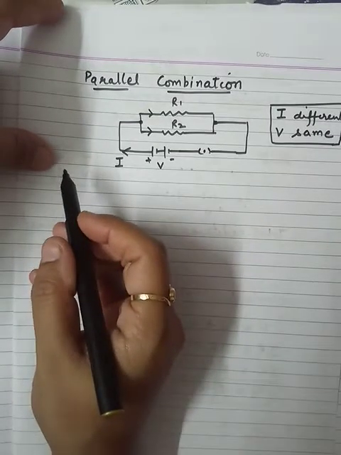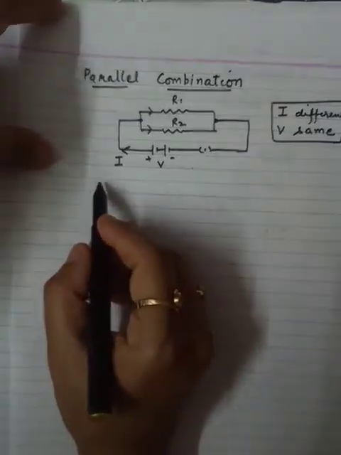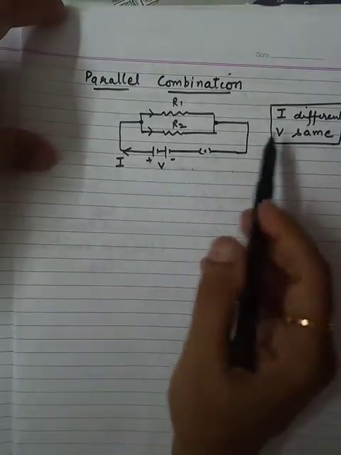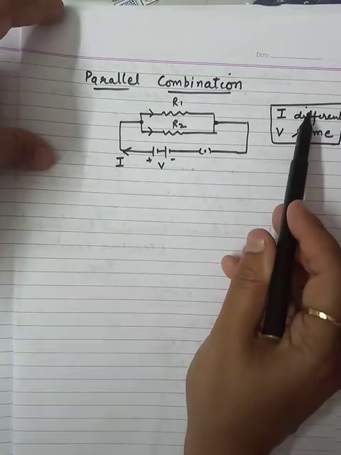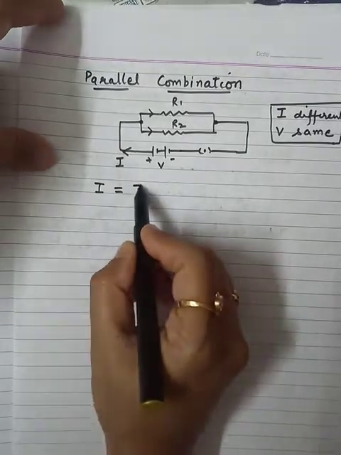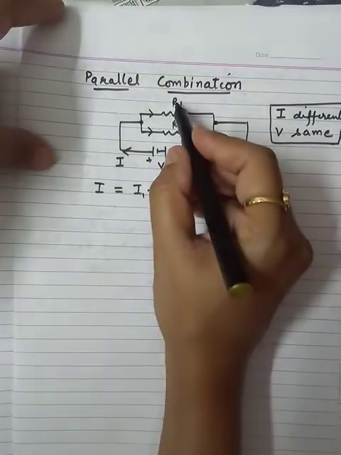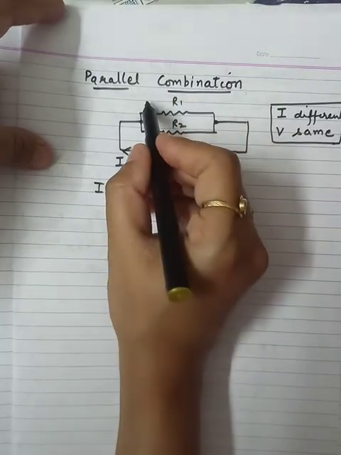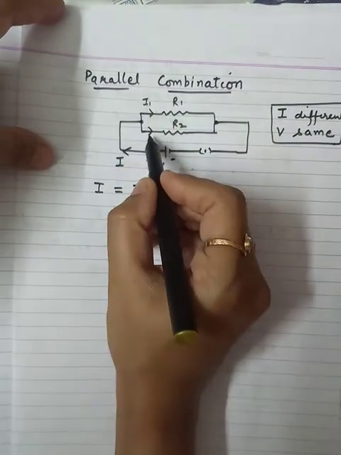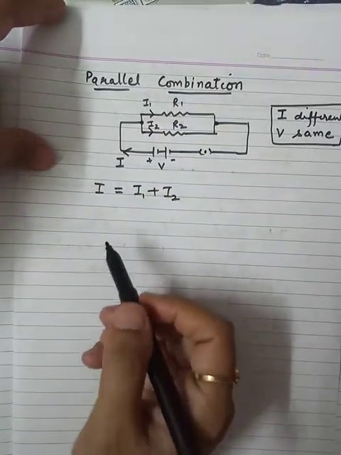Now how to find out the formula for parallel combination, right? In this case, because I is different, we can consider total I is equal to I1 plus I2. I1 is the current flowing through R1 and I2 is the current flowing through R2, right?